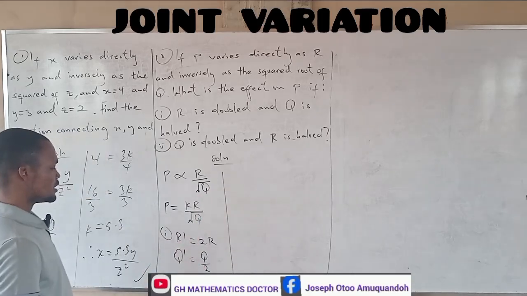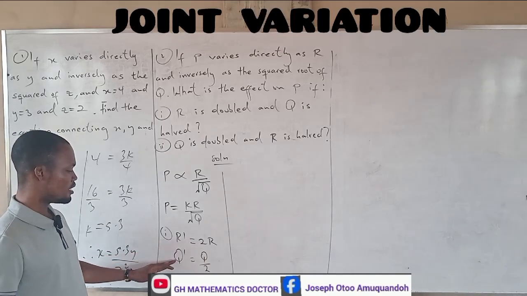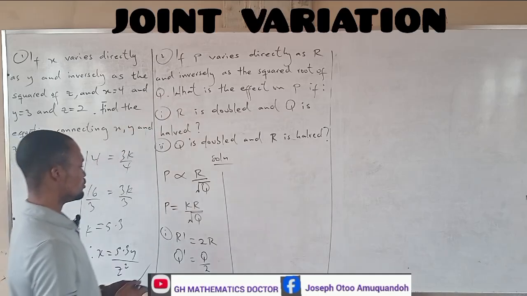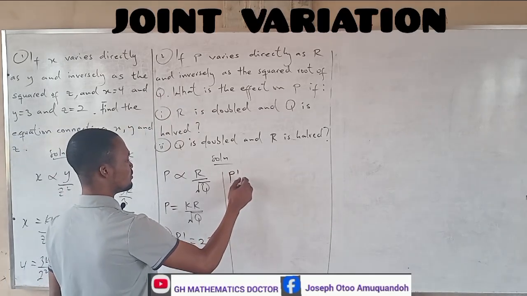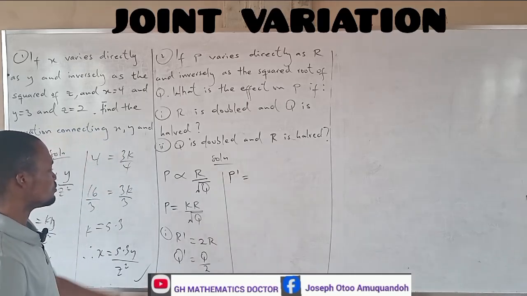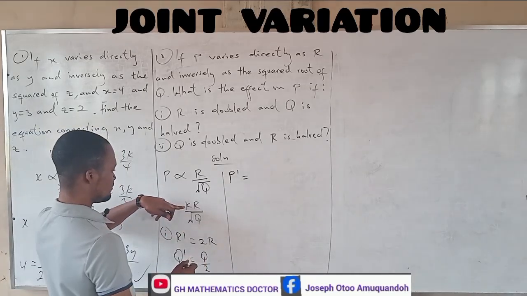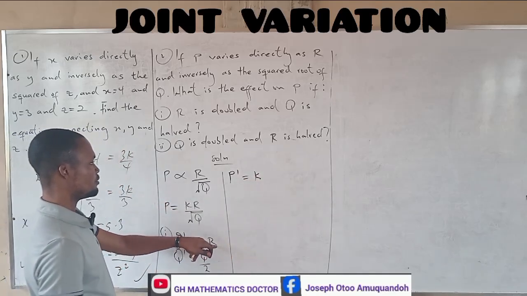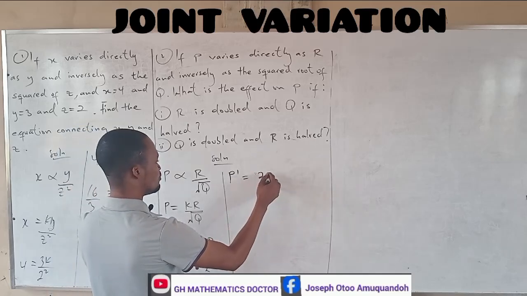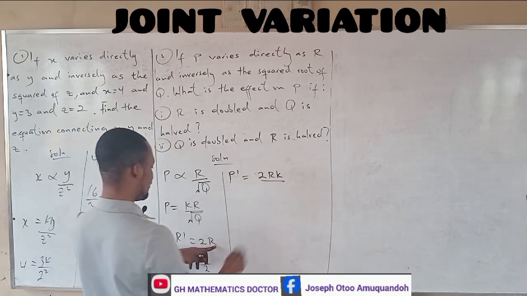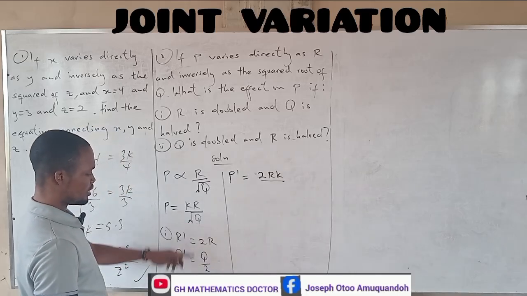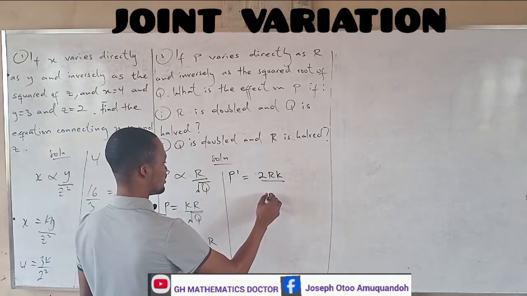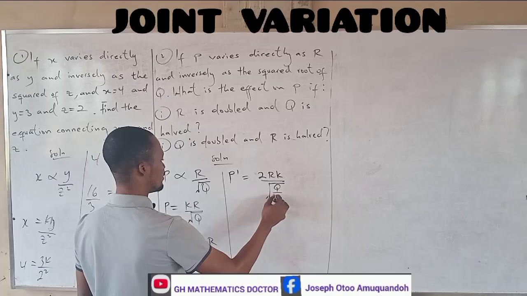So you're going to substitute the new R and new Q into this relation to get our new P. So P prime is equal to K, and the new R becomes 2R, so 2RK over the square root of Q over 2.